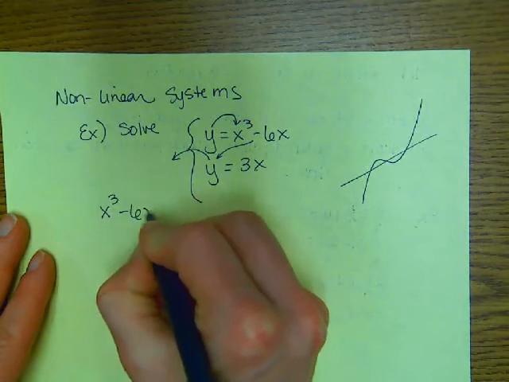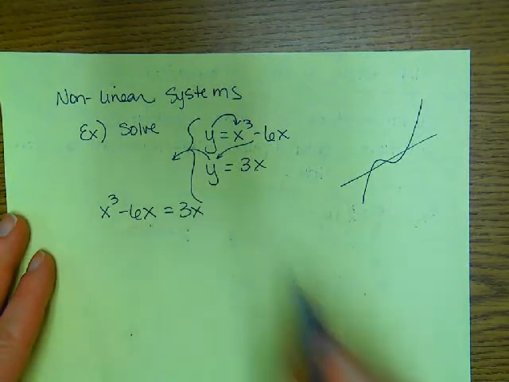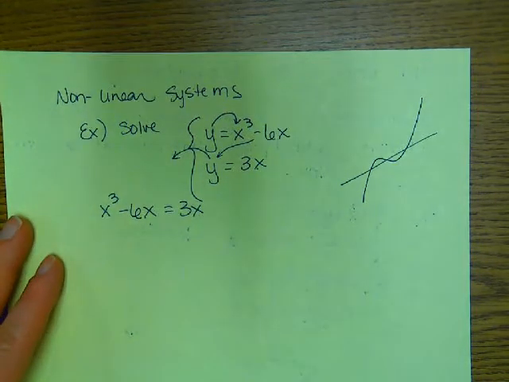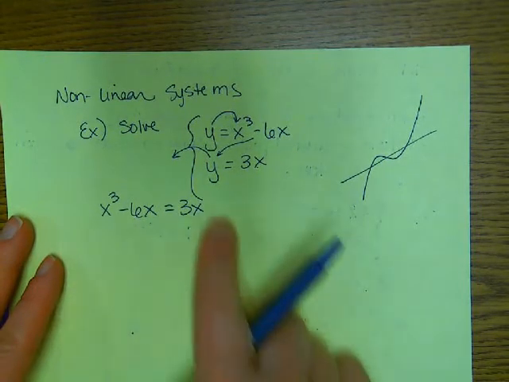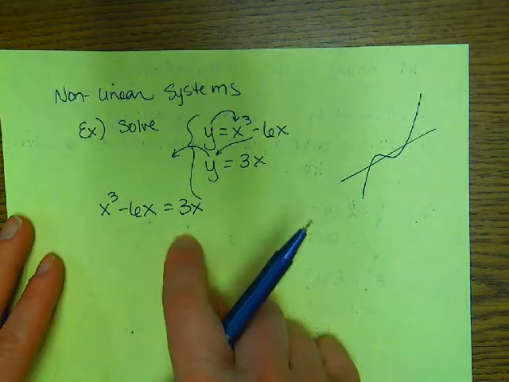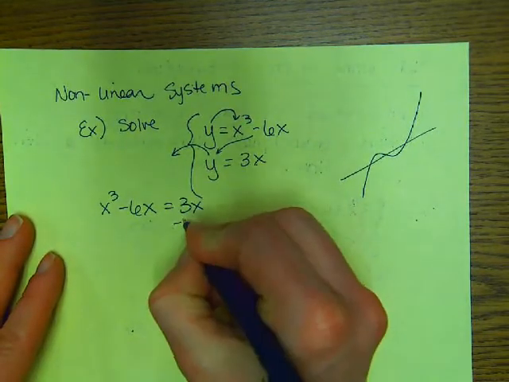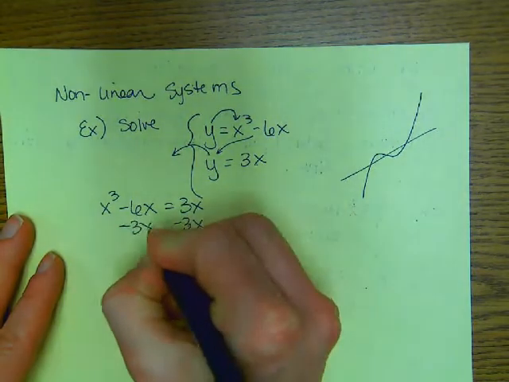I'm left with x cubed minus 6x equals 3x. So I'm going to use factoring and the zero product property, which means I want to have a 0 on the one side. So let's subtract 3x from both sides.